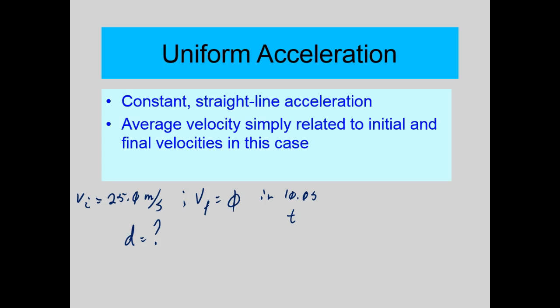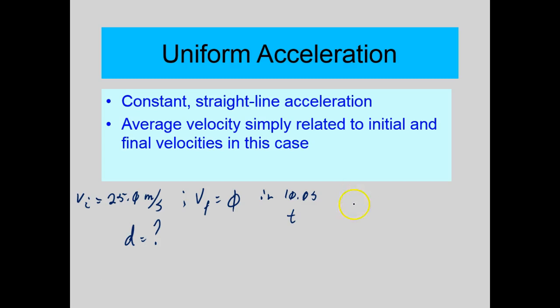Now, how in the world are we going to do this? Because to get distance and time, you need to know average speed, don't you? We don't have an average speed, or do we? Yes, average them together. Add the two together, divide by 2. Okay?